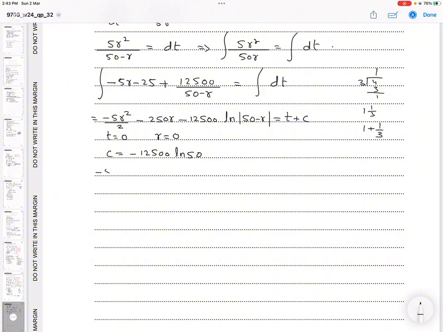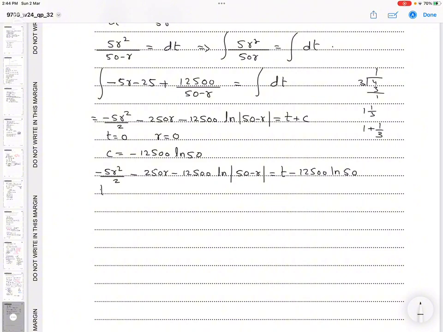Now you can put back this value of c in the integrated equation. So you write minus 5r square over 2 minus 250r minus 12,500 ln modulus of 50 minus r equals t minus, in place of c, you can write its value, 12,500 ln 50.